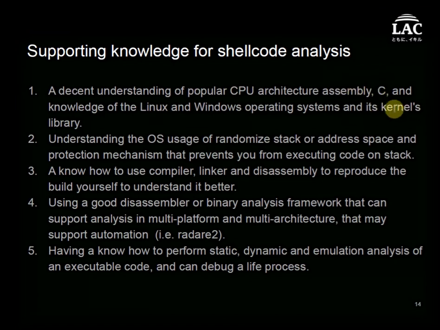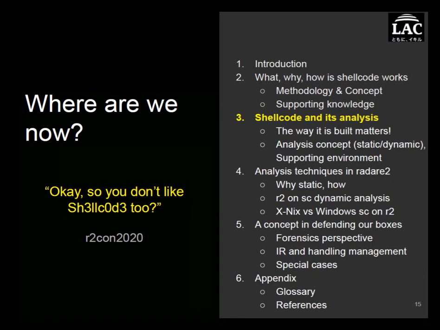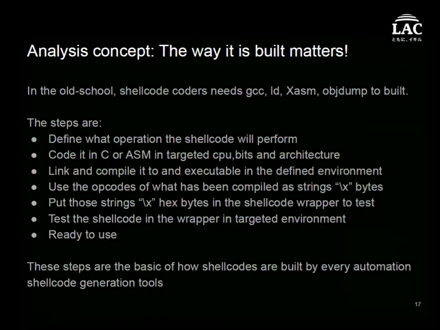Supporting the knowledge for shellcode analysis, you have to know about the C language and the operating systems, the use of randomized stacks and stack protections. You have to know how to use a compiler, linker, and disassembler to produce and build it yourself to understand it better, and so on.